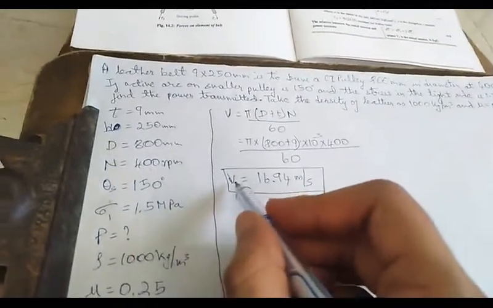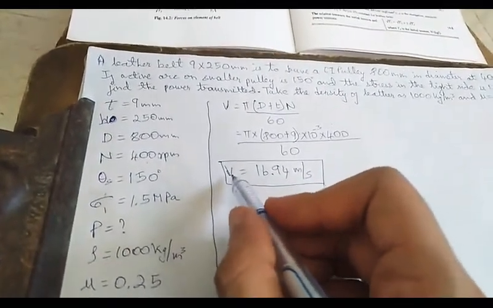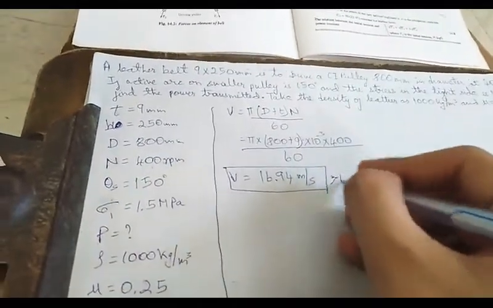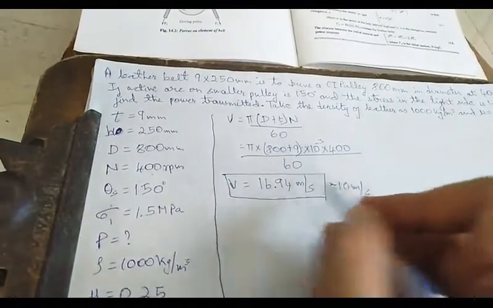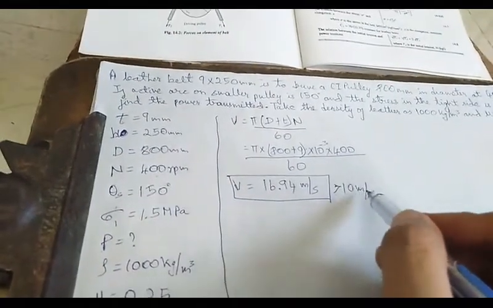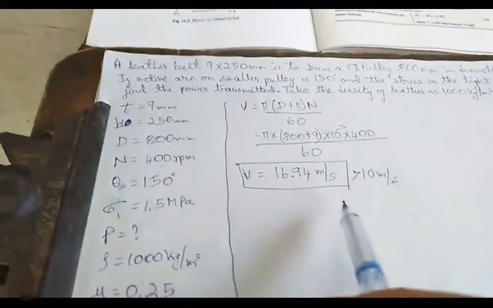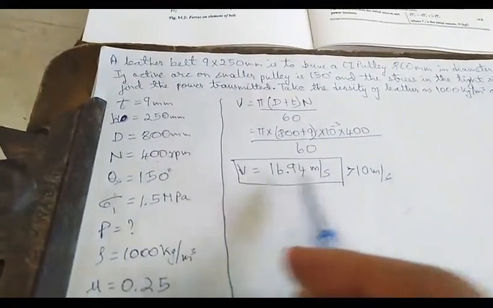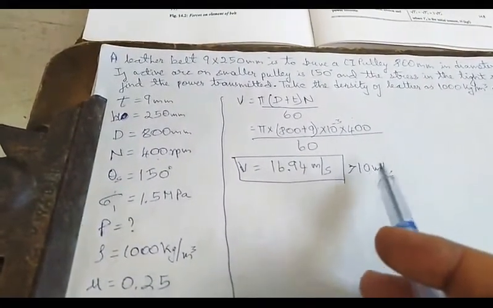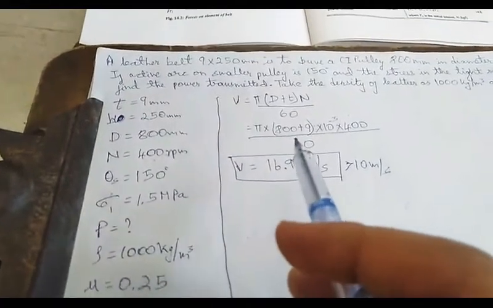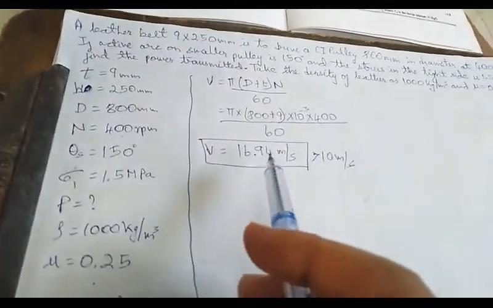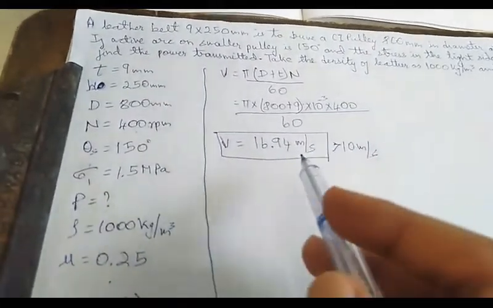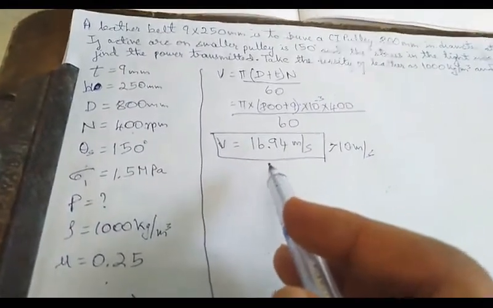So here we have to observe that the velocity is greater than 10 meter per second. So if the velocity is less than 10 meter per second we can neglect centrifugal tension. If it is greater than 10 meter per second we have to consider the centrifugal tension. So centrifugal tension is to be considered here.